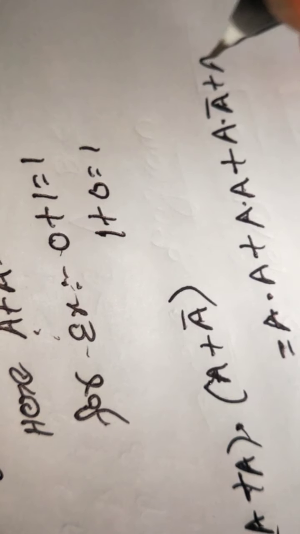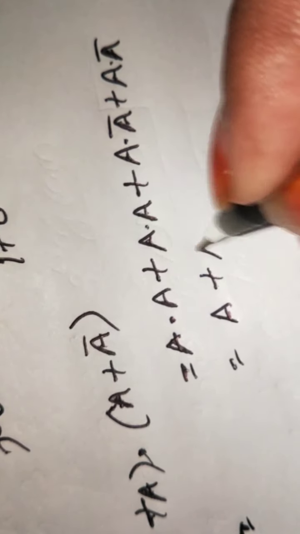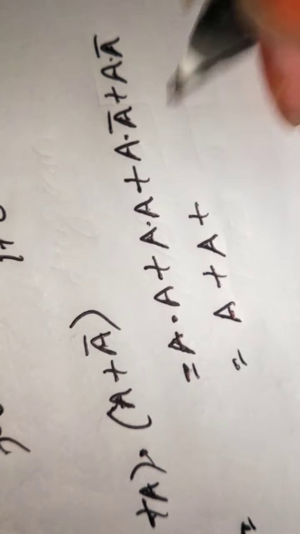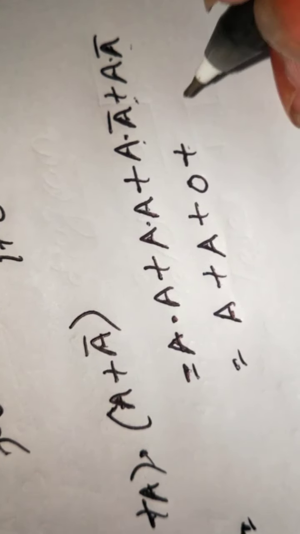a into a plus a into a plus a into a bar plus a into a bar. Here a into a equal to a, plus a into a equal to a, plus a into a bar equal to 0, plus a into a bar equal to 0.